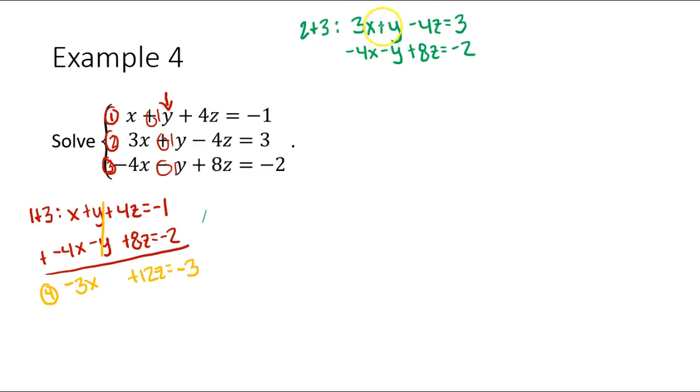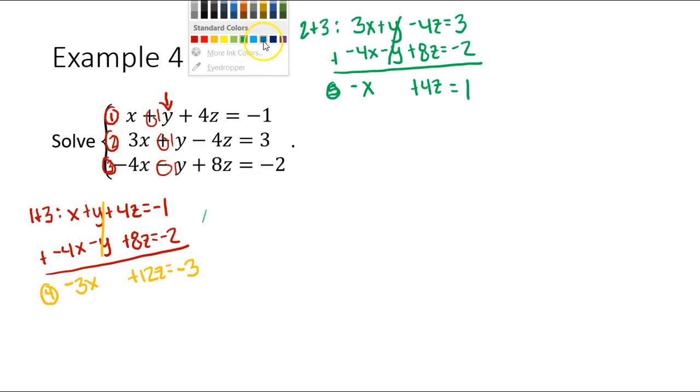Okay, since the y's already have opposite signs and these coefficients are 1, I can go ahead and add these two equations together. 3x minus 4x is going to give me -x. The y's are going to cancel out. -4z plus 8z is going to give me a positive 4z. And then 3 plus -2 is going to give me a 1. This is going to be equation 5.